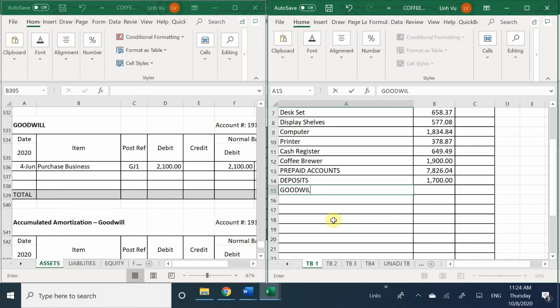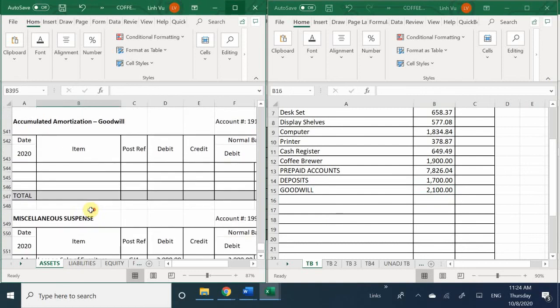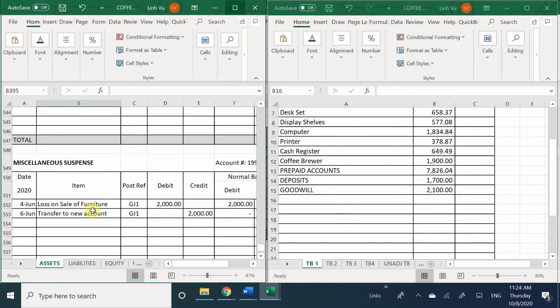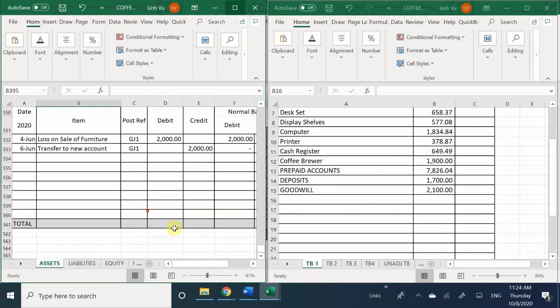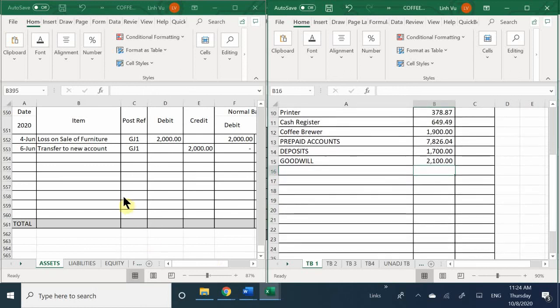We need to recognize that we do have that, as 2,100. And then lastly, for my assets, do I have any miscellaneous suspense? Right now, I do not have anything, so you do not need to have it on your journal. There's no value to it, so there's no point to include it. All right?